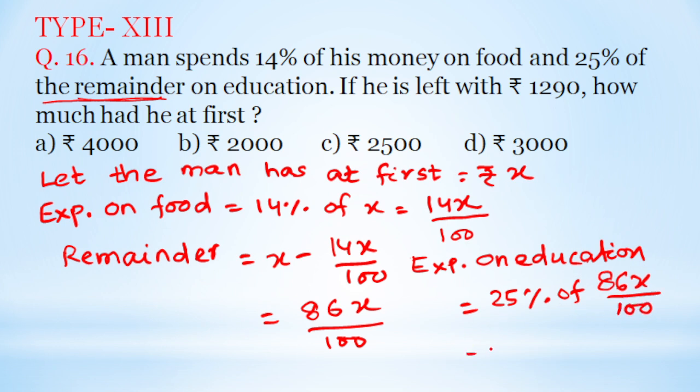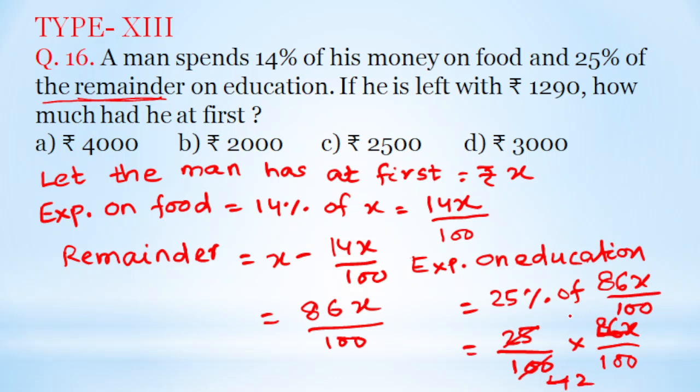So that is equal to 25 by 100 into 86x by 100. Now here 25 fours are 100, and again 2 twos are 4.